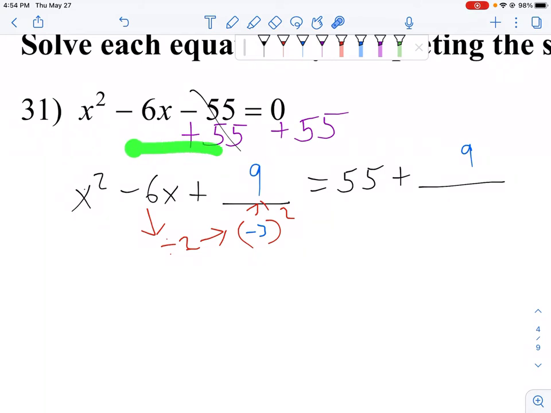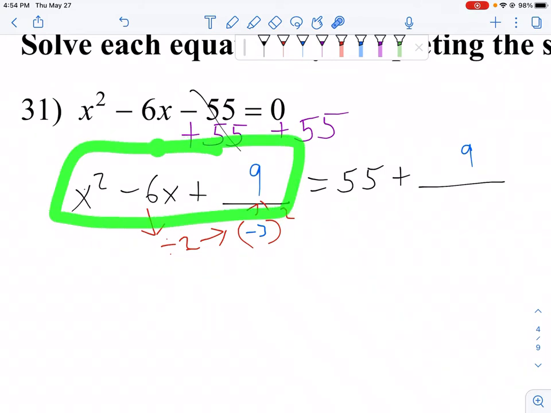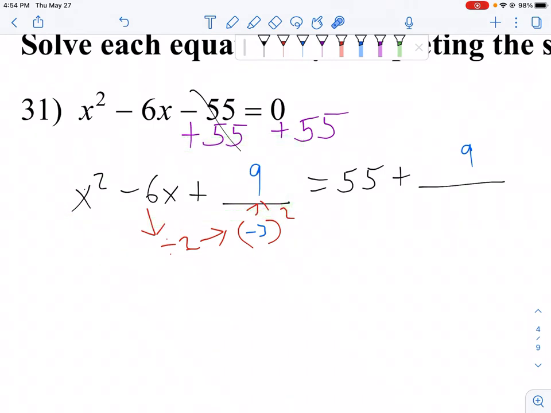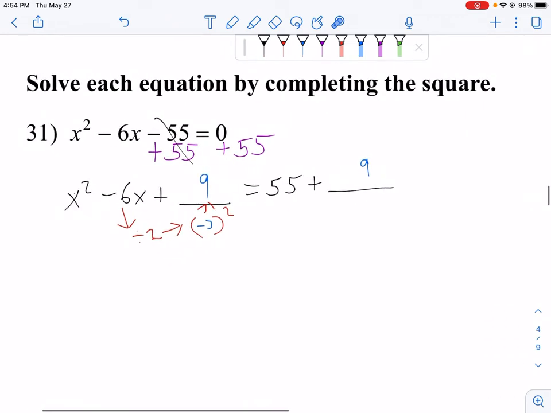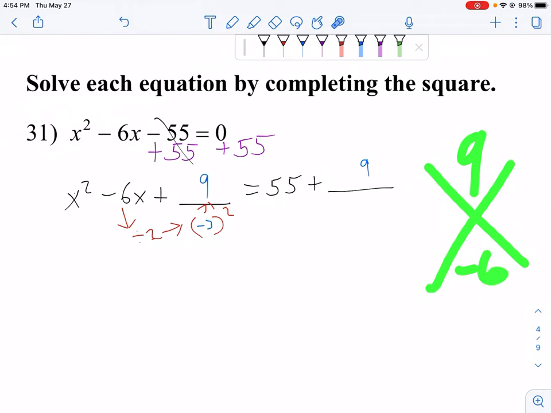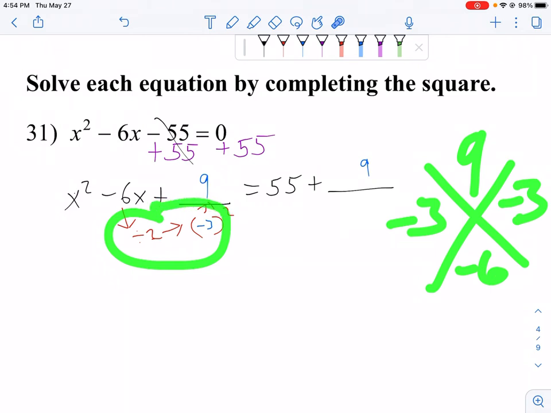Okay, what we've done now is we've created a trinomial that when factored, if we put 9 and negative 6, what we would end up with are 2 of the same numbers on the side, negative 3 and negative 3. And it works every time like that when we're completing the square, when we follow this pattern, divided by 2 and then squared.